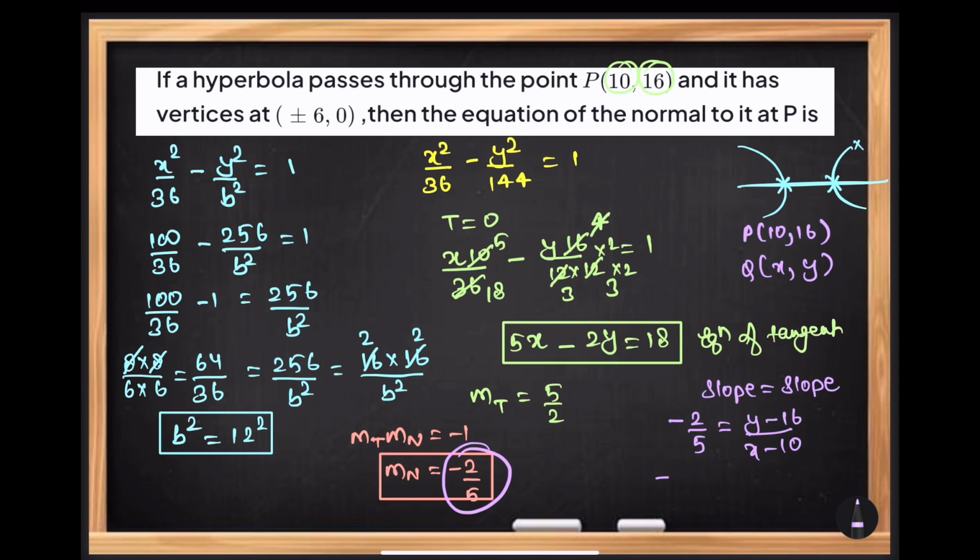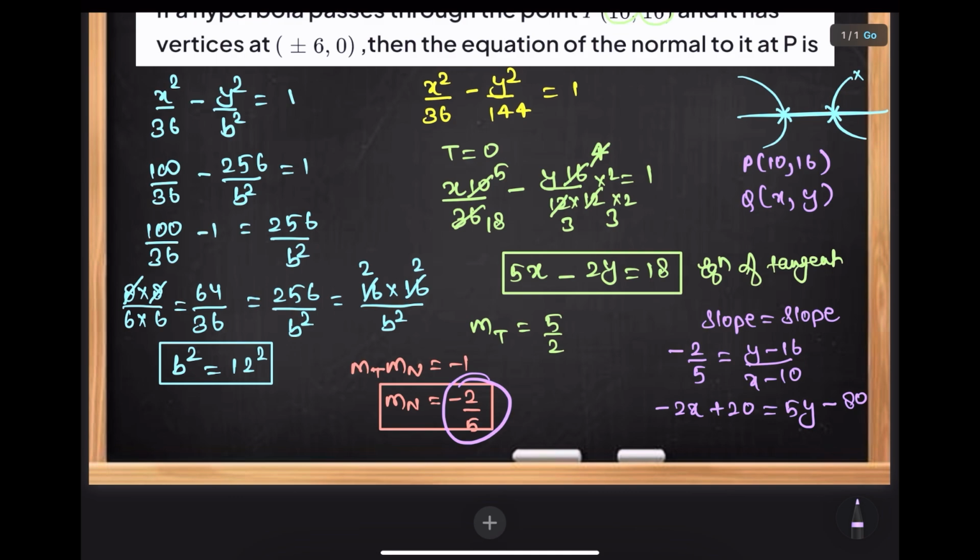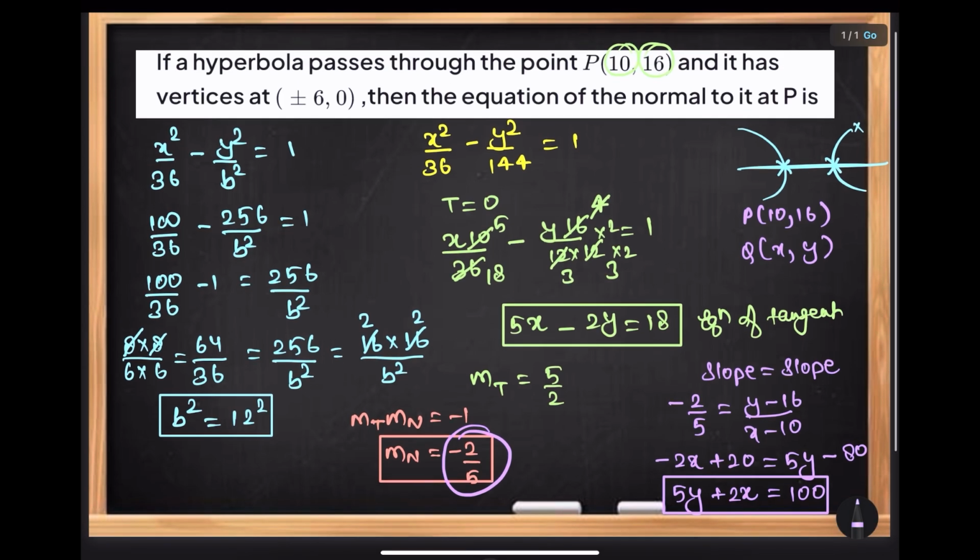Okay, so we got minus 2x plus 20 equals 5y minus 80. Correct? Now keep things on one side. So the variable part on one side, 5y plus 2x equals 100. So we got our equation of the normal as 2x plus 5y equals 100.